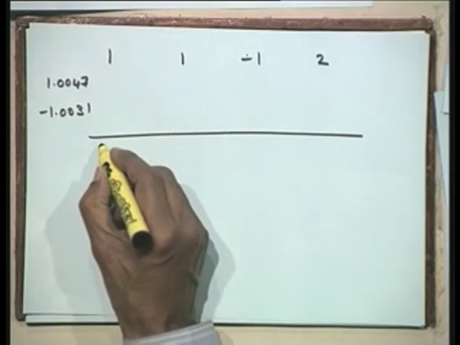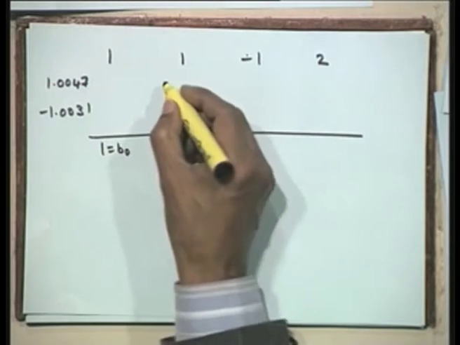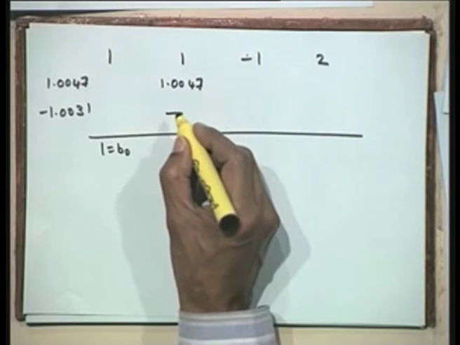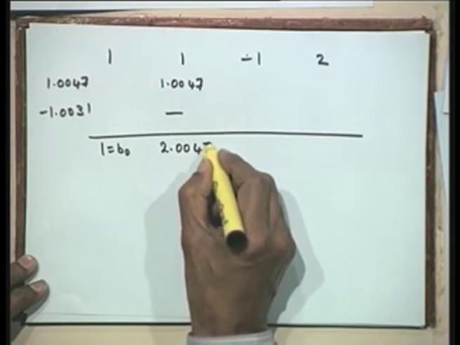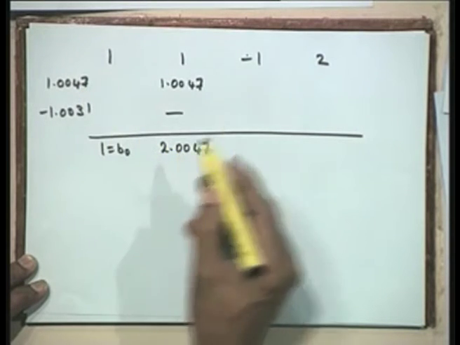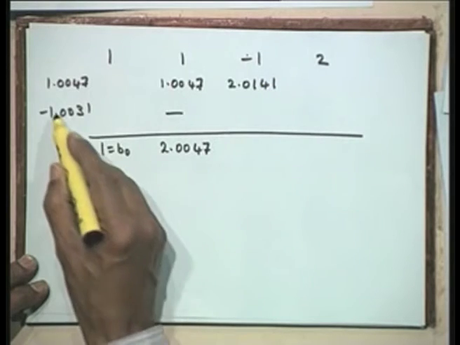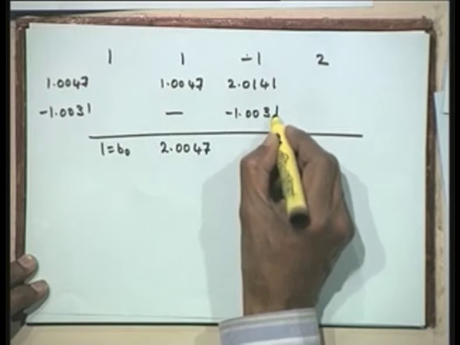So, with that we will have again 1, that is equal to B0, and multiply these two: 1.0047, there is nothing over here, this is 2.0047. Multiply these two quantities, 2.0141, and the 1 into this, that is minus 1.0031.